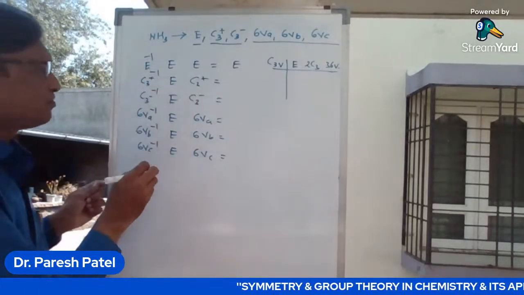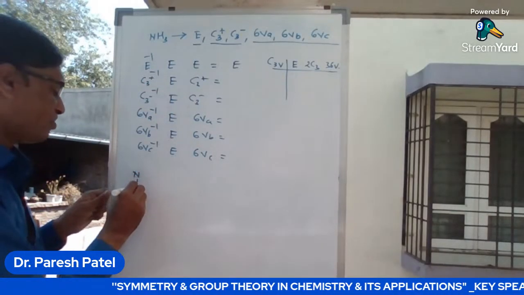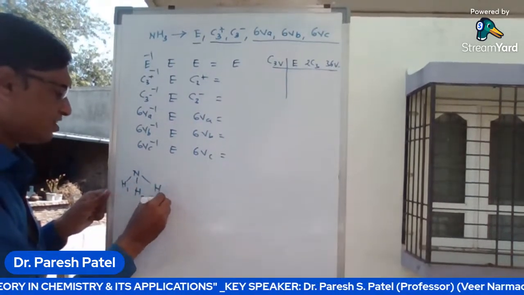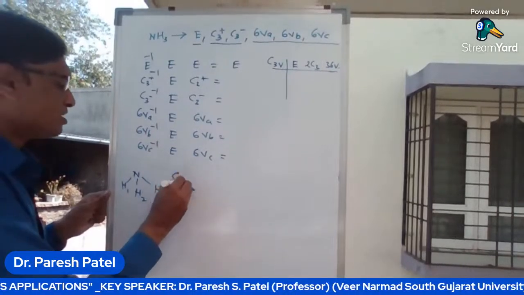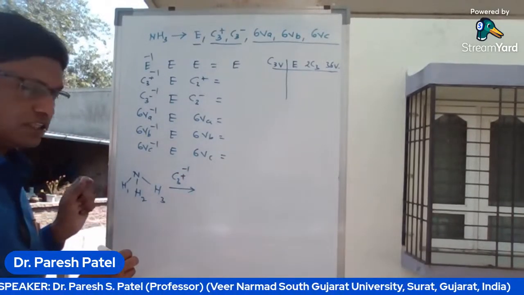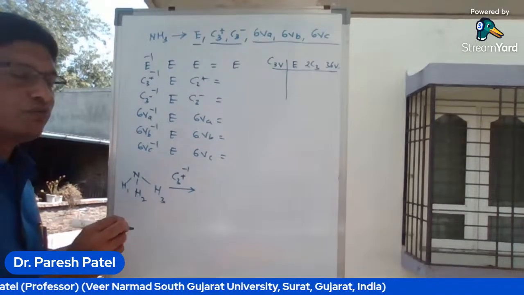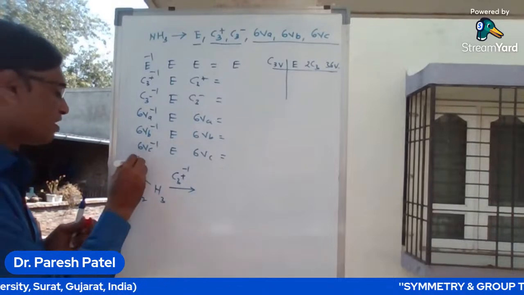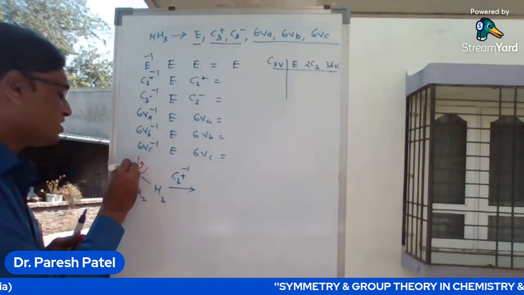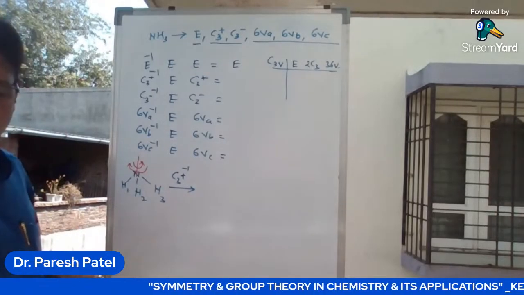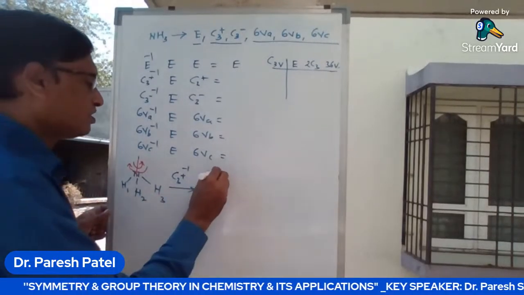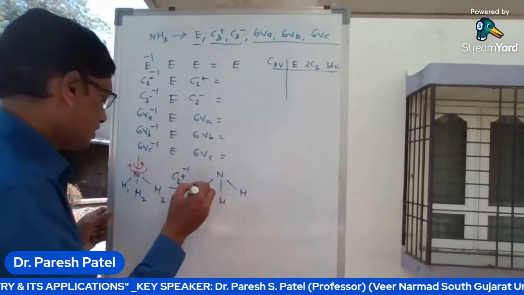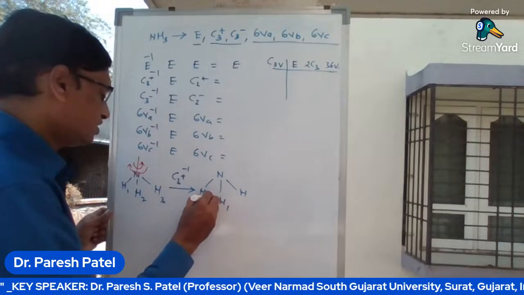Now, in case of the ammonia molecule, suppose the hydrogens are 1, 2, and 3. If you operate C3 plus inverse: C3 plus means one time clockwise rotation along the main principal axis, so C3 plus inverse means anti-clockwise rotation by 120 degrees. So anti-clockwise rotation gives 1, 3, and 2.